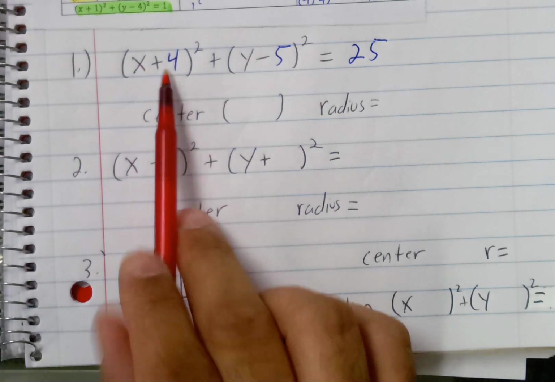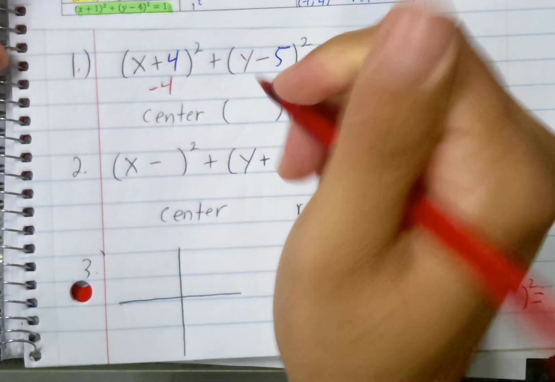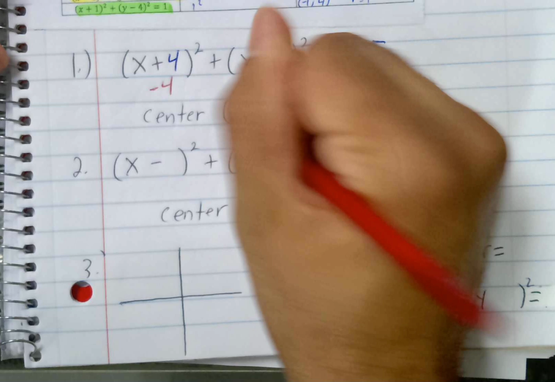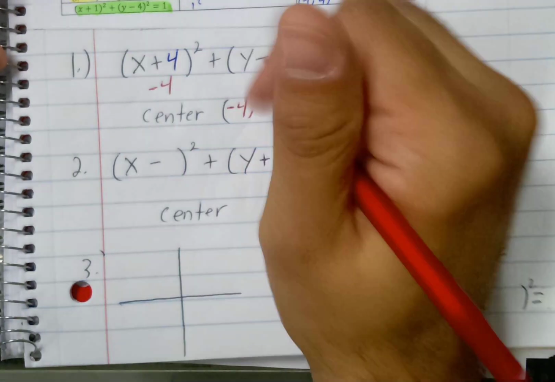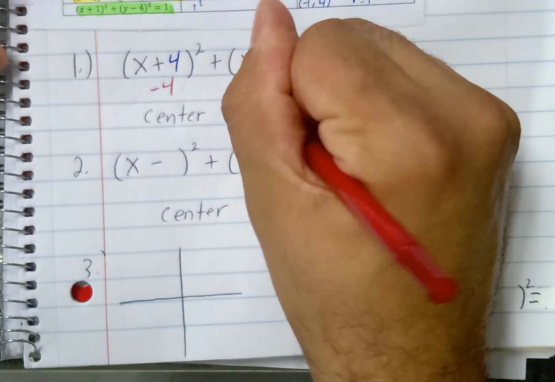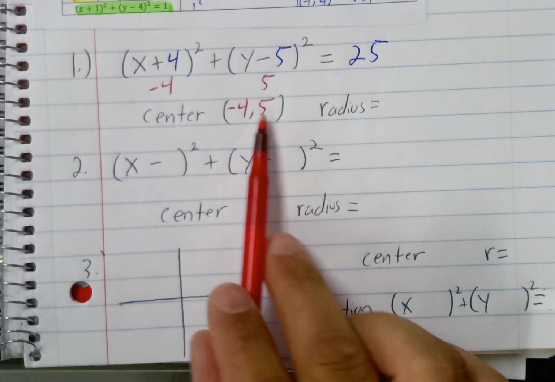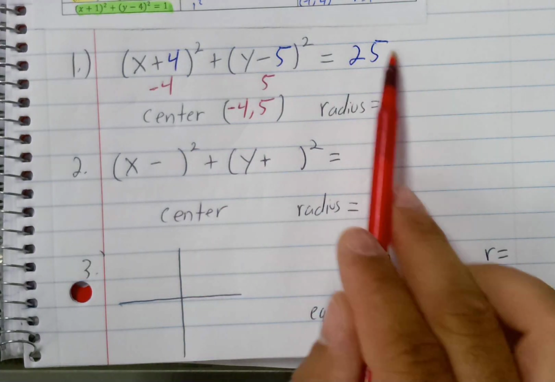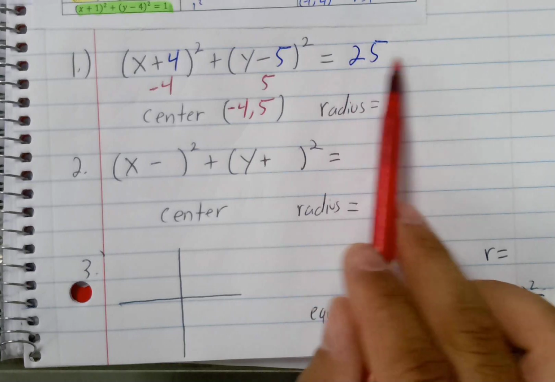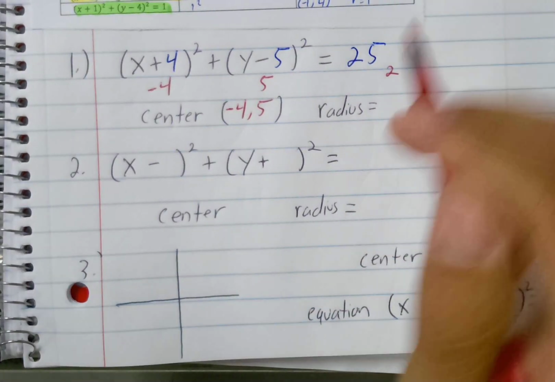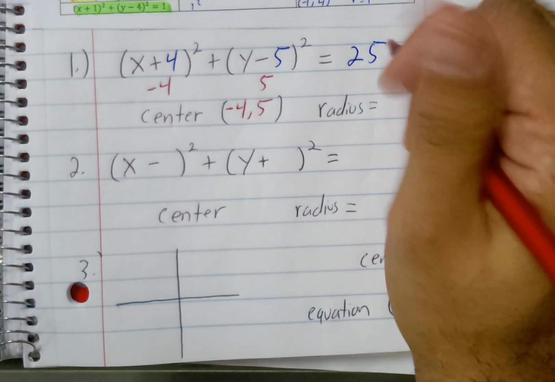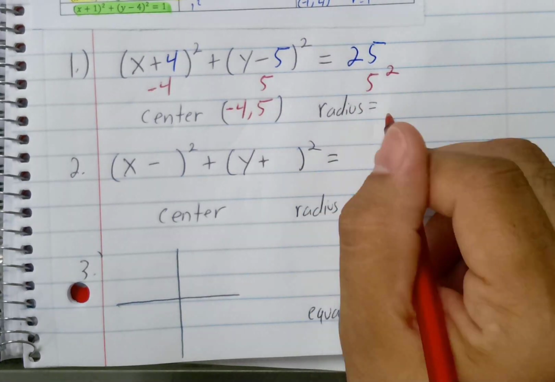If I have an x plus 4, we need a negative 4. So negative 4 is our x value. If we have y minus 5, we need a positive 5. So negative 4 comma 5 is our center. To find our radius, we always want to write this in a value of being squared. So a number squared gives us 25. That's going to be 5. So the radius here is just 5.